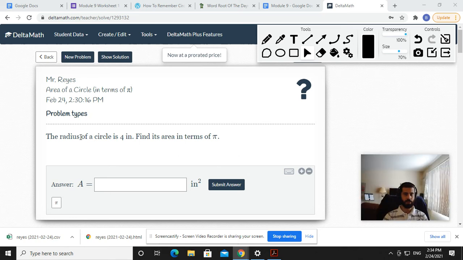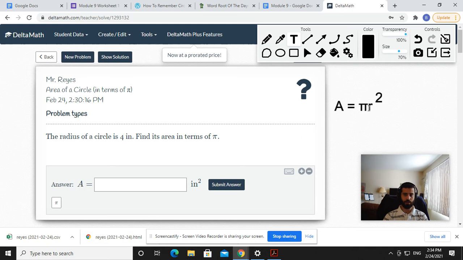So the radius of a circle is 4 inches. Since it's the radius, we're going to multiply that by itself, because area equals pi r squared. And I'll write the 2 smaller, since it's usually smaller.